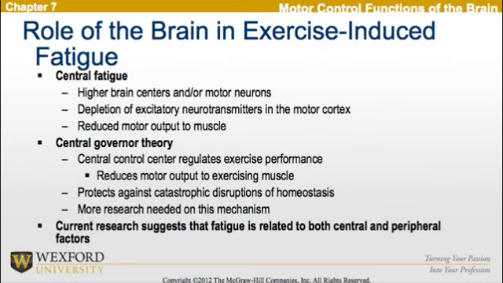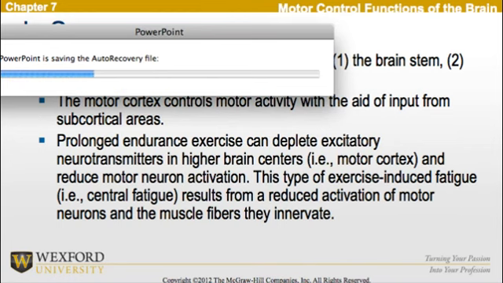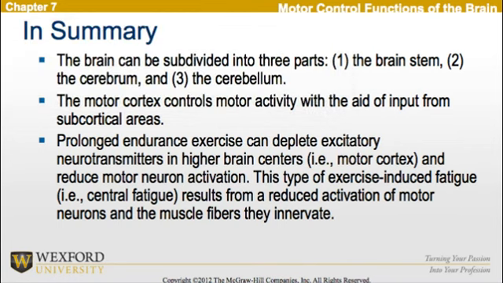What we see in current research is that it suggests that fatigue is related to both a central and peripheral factor. In summary, the brain can be subdivided into three parts: the brainstem, the cerebrum, and the cerebellum. The motor cortex controls motor activity with the aid of input from the subcortical areas.